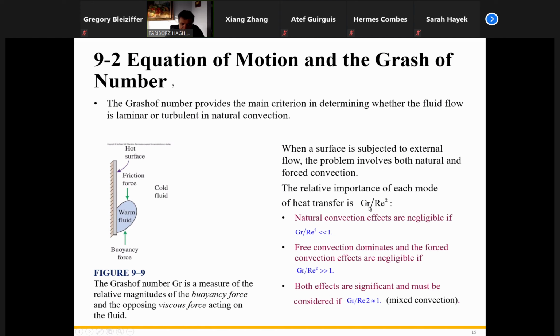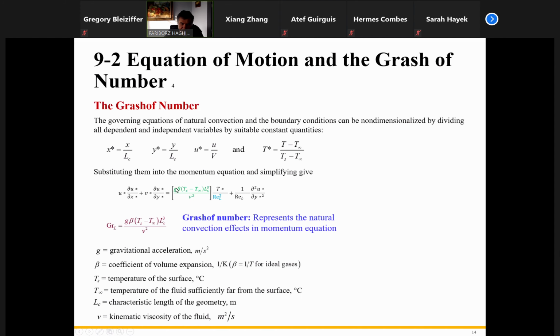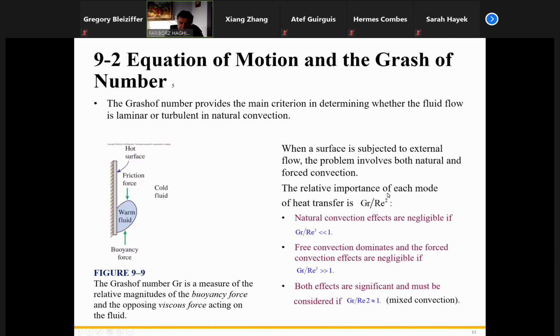This ratio, the Grashof number over the Reynolds number squared, represents both of them. Natural convection can be negligible if this ratio is small, meaning the Reynolds number is so big that we can ignore it. If it's bigger than one, we can consider it free convection. If it's almost equal to one, both natural and forced convection are contributing.